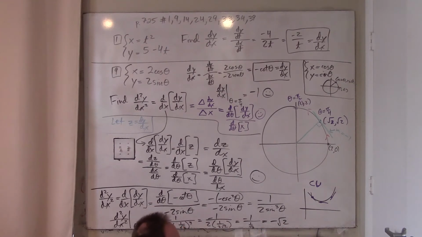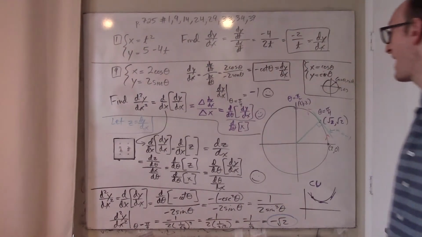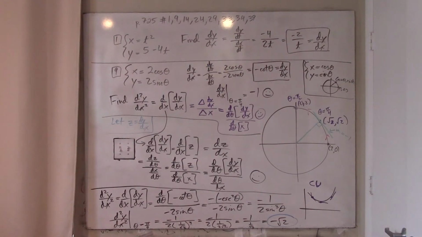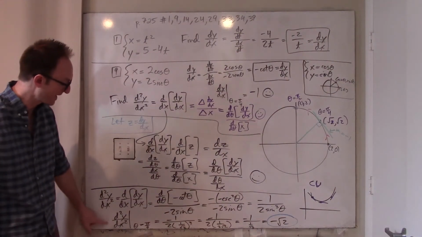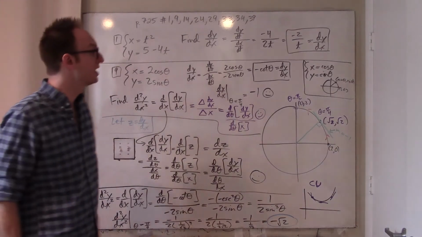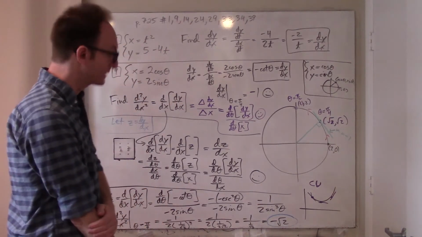Okay, so I ran out of space a little bit here, but the answer to the other part of number 9 is negative root 2, the numeric answer to what is the second derivative of y with respect to x at pi over 4. Okay, what does this mean? Again, it's just a repeat of exactly what I said in class.